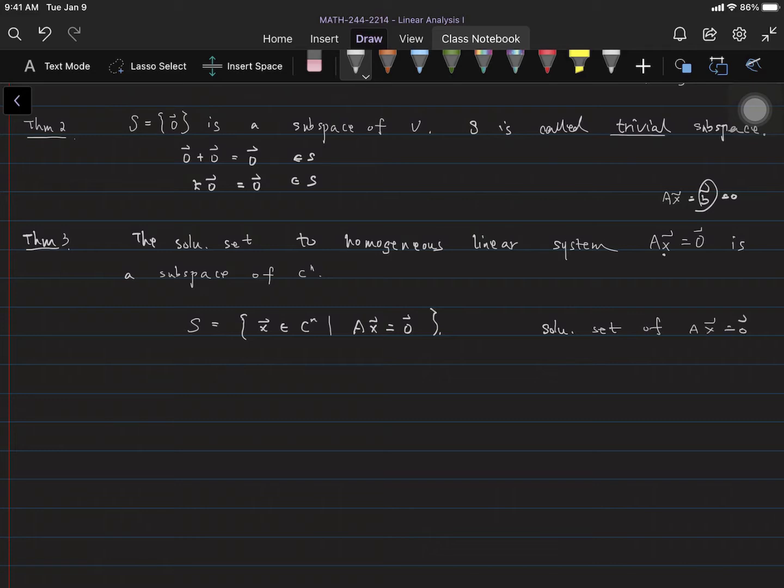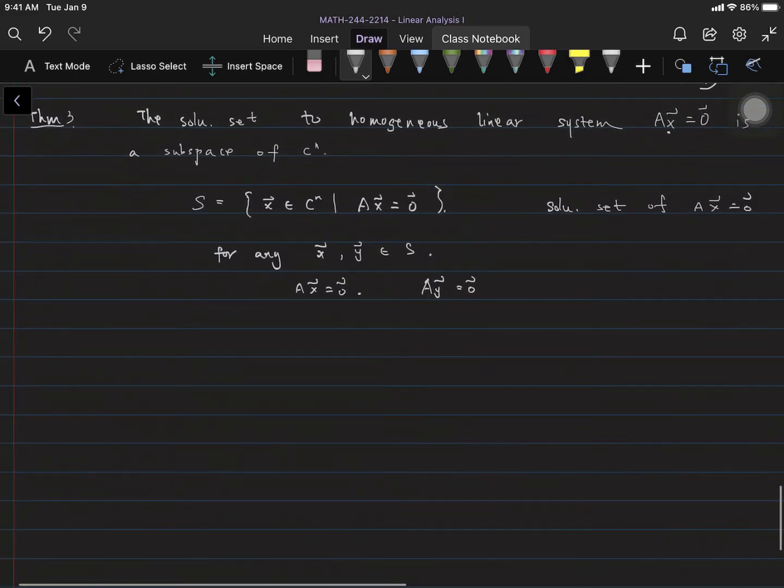We next want to prove this is a subspace. So we pick any two vectors in S. For any X and Y belonging to S, that means AX equals 0 and AY is also 0, because they are all solutions.